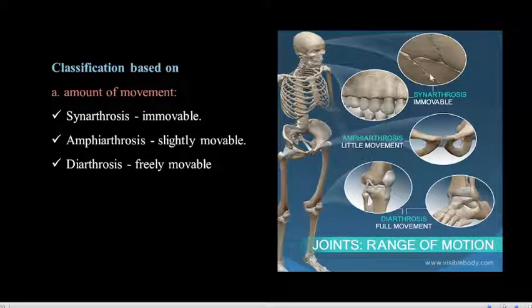For example, ang sutures natin, yan. Diba, hindi naman gumagalaw ang skull, no? So, yan, immovable, synarthrosis. Amphiarthrosis, slightly movable. For example, yung sa ating intervertebral disc and sa ating hip bones. Okay. While sa diarthrosis, freely movable, such as sa legs, sa ankles, sa arms.